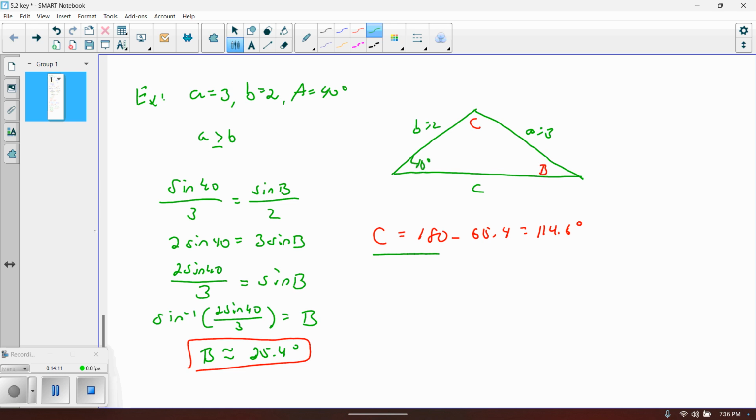So now I've got two parts of this triangle. The only thing that I have left to do is solve for side C, which again, we can use the law of sines to do. So let's see, we're going to start off with the pieces that we know, which is going to be the A value. So we'll take sine of 40 and divide it by 3. And we'll set this equal to the sine of angle C, which is 114.6, and divide it by lowercase c in order to find the side.